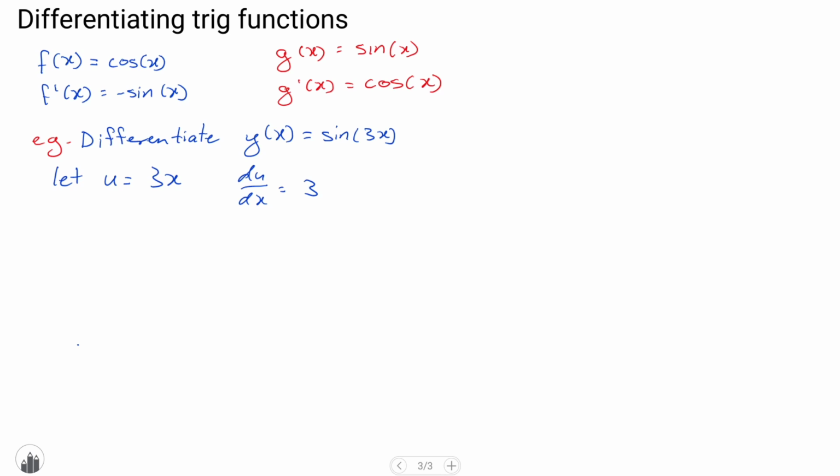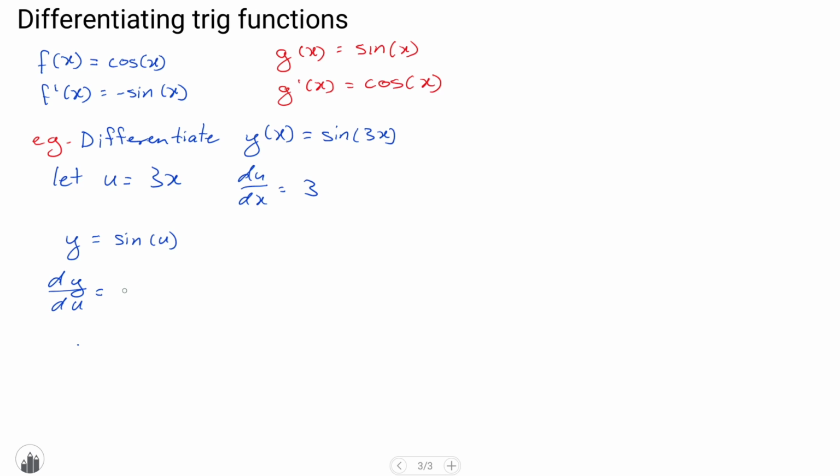Okay, fair enough. That means our function y is now a function of u, so that becomes sine u. Next, to apply the chain rule, we need to find the derivative dy by du. Well, differentiating sine with respect to u, we should know from the last time, differentiating sine just gives us cosine, right?